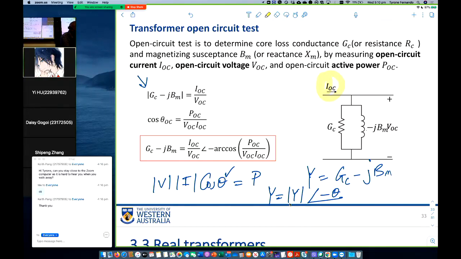Because when I multiply I by Z, Z has a plus theta and current has a minus theta, so plus theta and minus theta will give me 0. VI cos theta, right? So although I represented this like this, that's still an impedance.